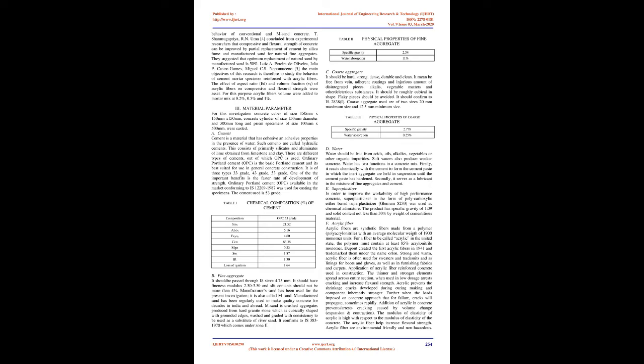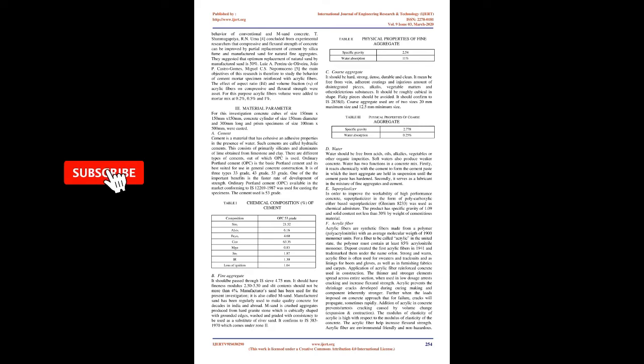3. Material parameters. For this investigation, concrete cubes of size 150 mm x 150 mm x 150 mm, concrete cylinders of size 150 mm diameter and 300 mm long, and prism specimens of size 100 mm x 500 mm were cast. A. Cement. Cement is a material that has cohesive and adhesive properties in the presence of water. Such cements are called hydraulic cements.